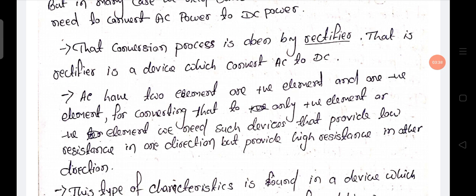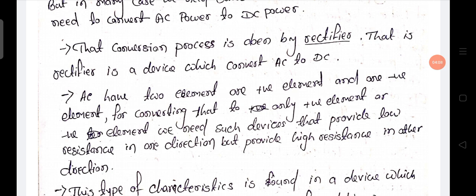That means a device which conducts only in the positive cycle and cannot conduct in the negative cycle, or only conducts in the negative cycle and cannot conduct in the positive cycle. That type of device is used in a rectifier circuit, and it is called a diode.